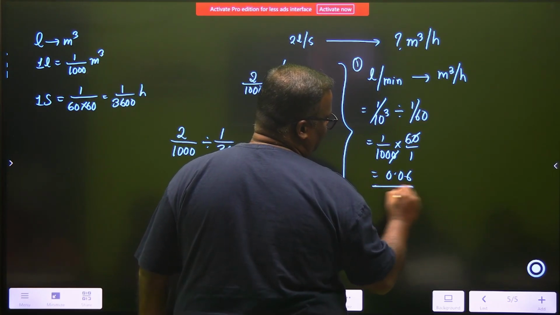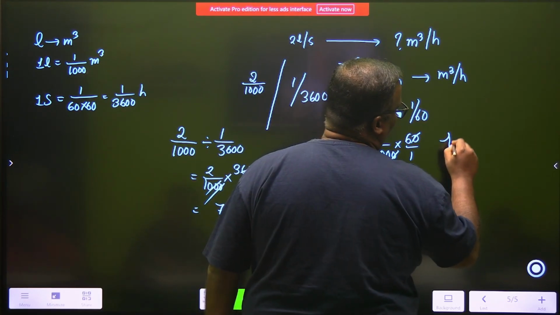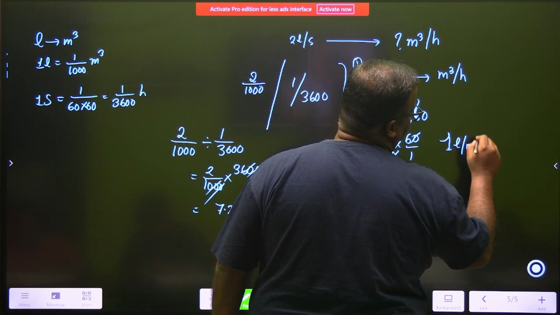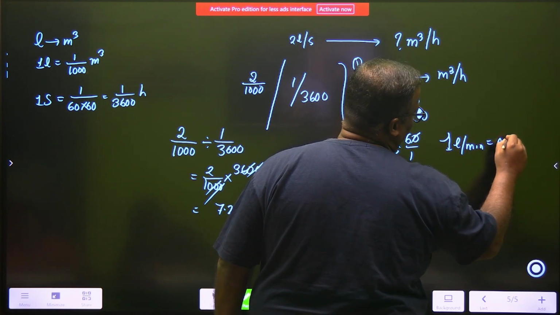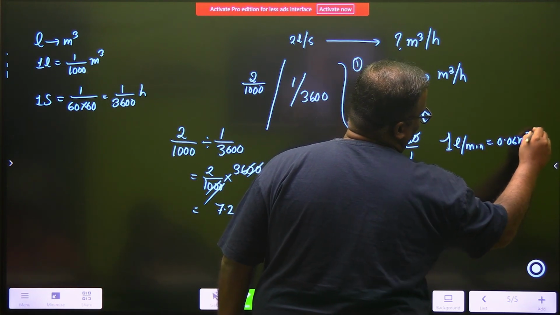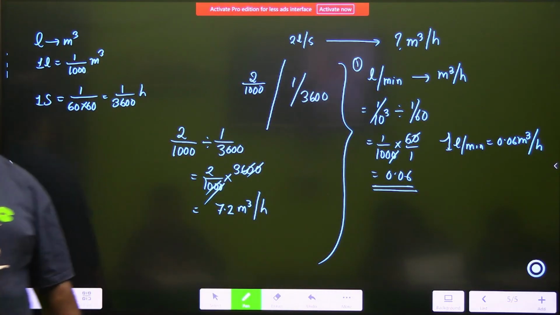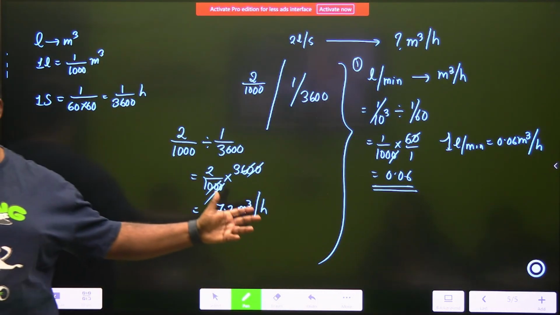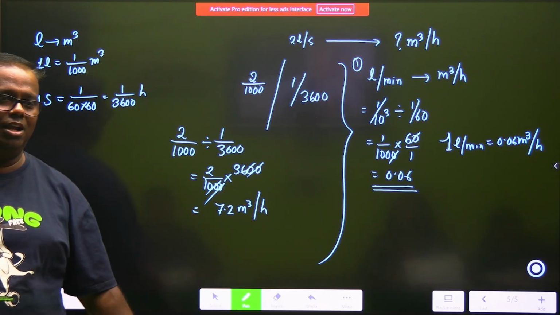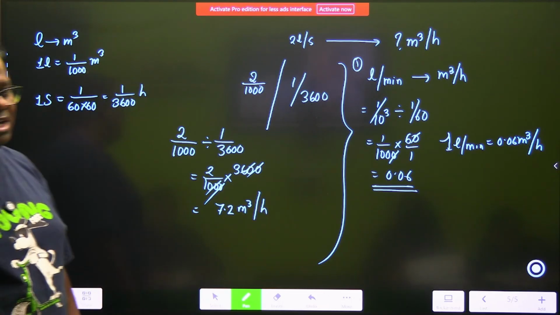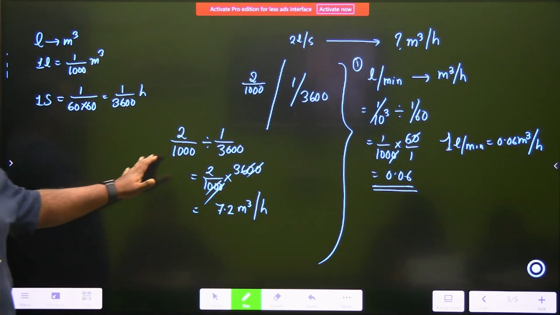This is the conversion factor. That means 1 liter per minute is the same as 0.06 meter cube per hour. But this is not something standard, because you can't remember it every time. So you rather use this one.